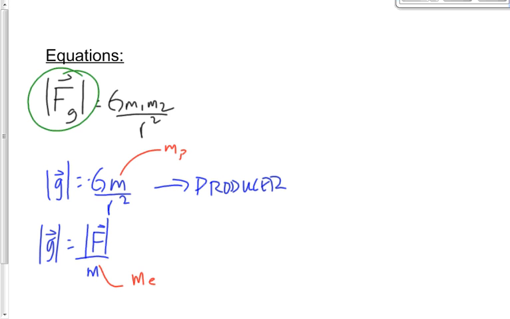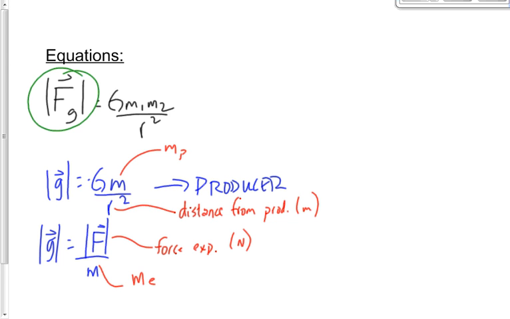R in this case would be the distance from the center of the producer, and F in this case would be the force of gravity felt by the experiencer, or you could say the weight of the experiencer, right? Force of gravity is weight. The force of gravity felt, or the force experienced by the experiencer. And of course, it's going to be in newtons.